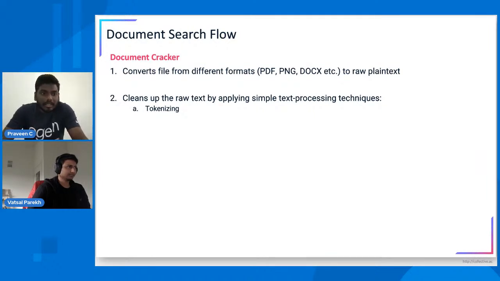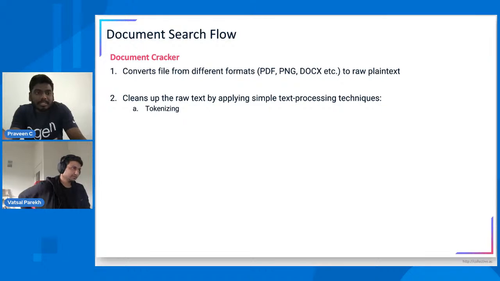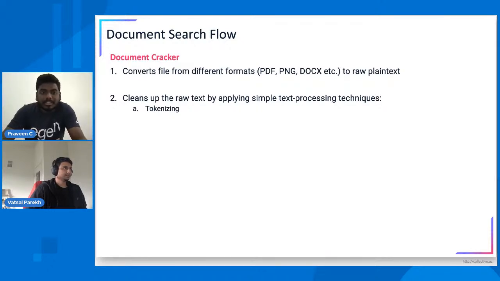Once we clean up the raw text, it extracts the individual words using white space or punctuation, depending on the setting. That's how tokenization works. Also, we need to lowercase letters so that we maintain a common pattern across all these documents.